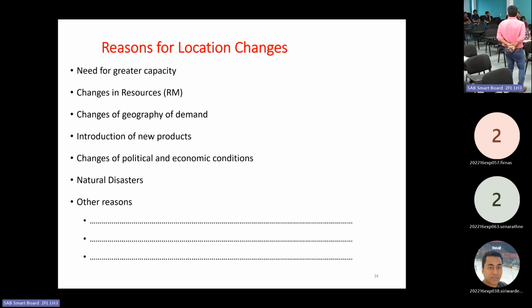Of course, when they introduce new products, new facilities, new operating conditions and new resources are needed, so they will change location.